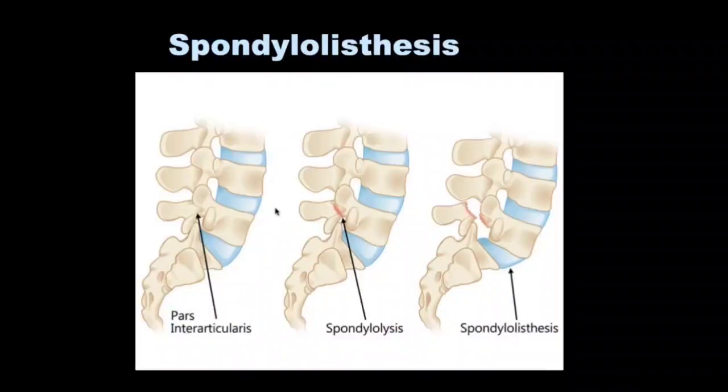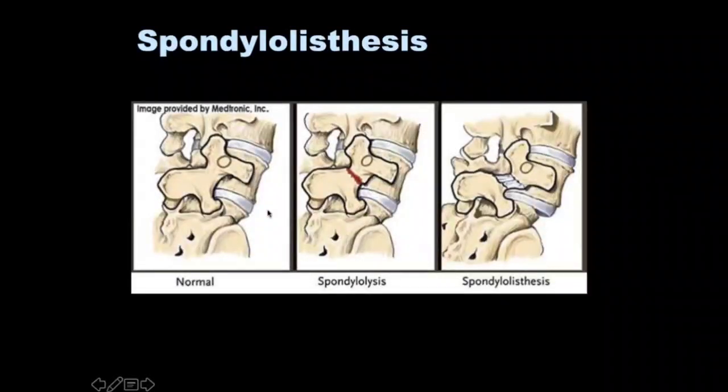Quick word about spondylolisthesis. It's the deficiency at the level of the pars interarticularis. So spondylolysis is just a defect over there, and whenever there is an anterior shift of the vertebral alignment, then it leads to spondylolisthesis. It's the Scottie dog appearance, whether the dog has got a collar or not.